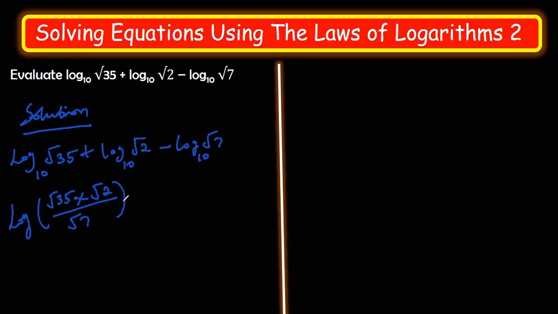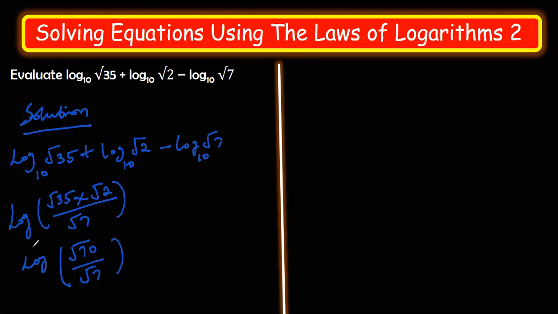So I need to write here. We have log of root 35 times 2, so we should have root 70 divided by root 7.